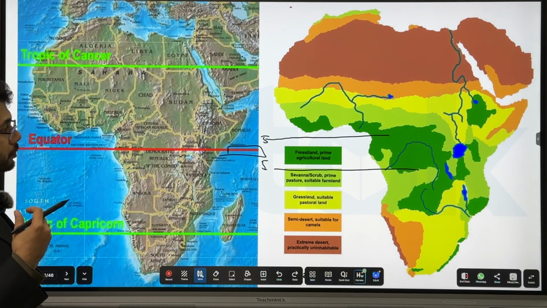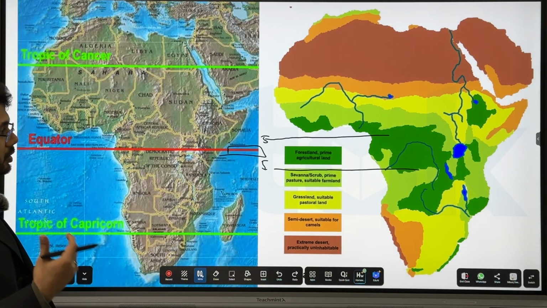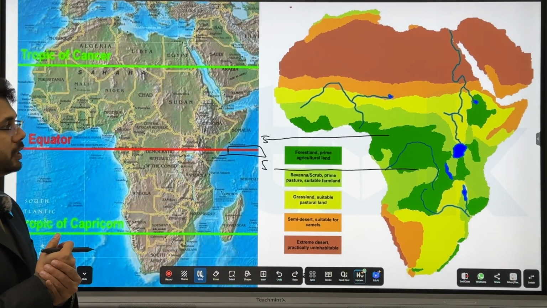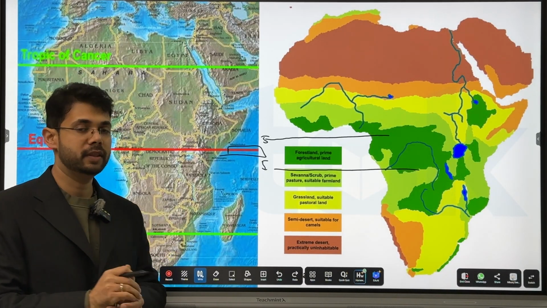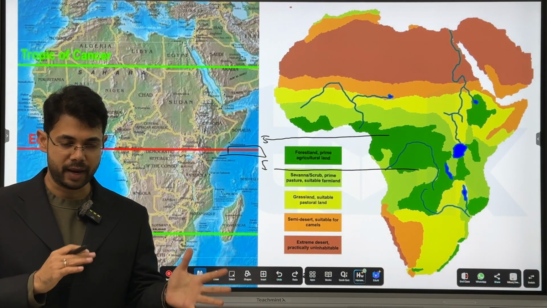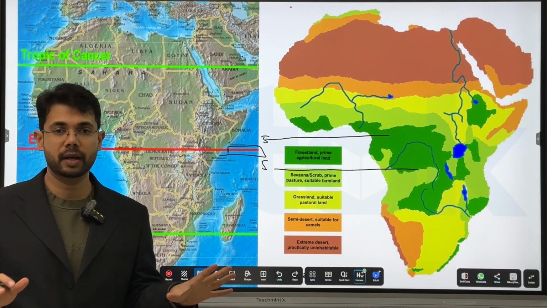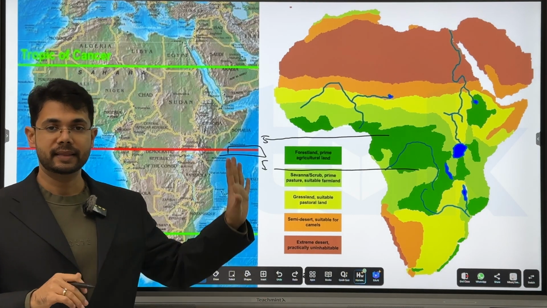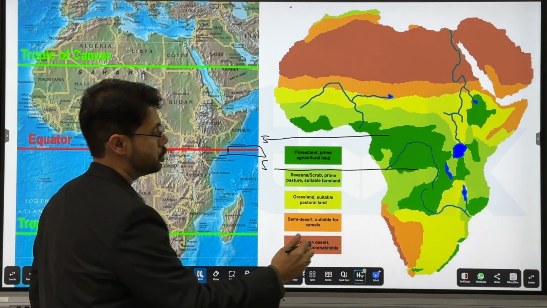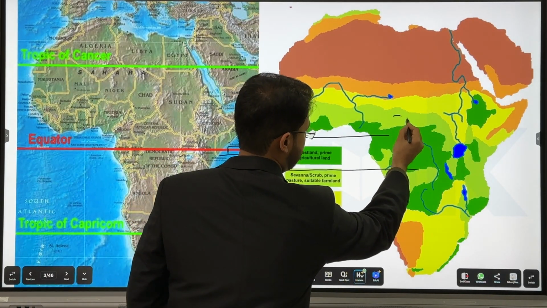Now, these savannas are the grasslands. If you have seen National Geographic or Animal Planet, when they show animals hunting or anything regarding wildlife in Africa, this is the region they focus on. So grasslands are present over here and here.